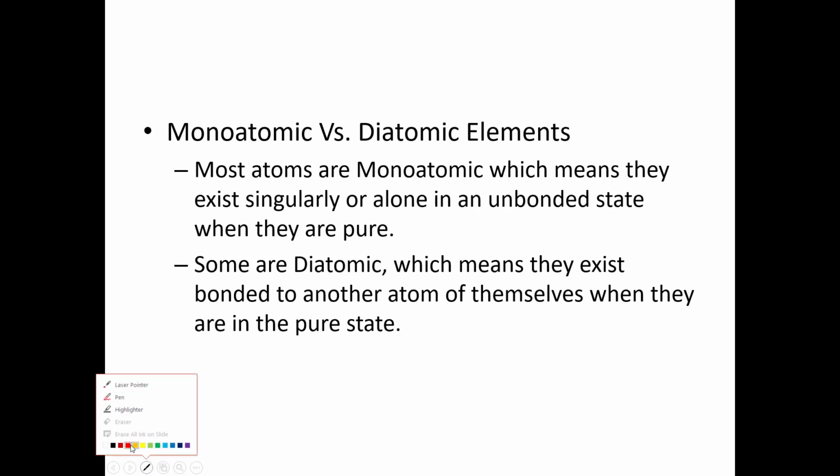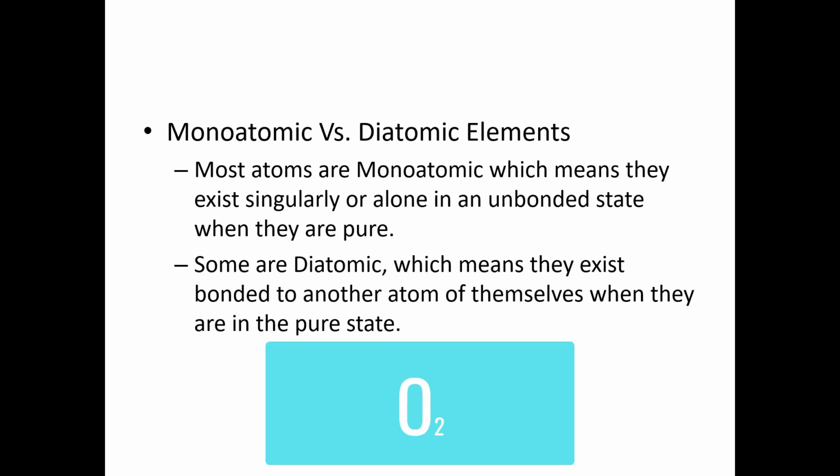And let me just turn on my pen. So you've probably seen oxygen written like that before. If you haven't, that's okay. O2 literally means there are two oxygens, and that's because oxygen is diatomic.